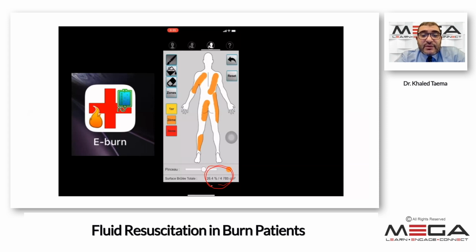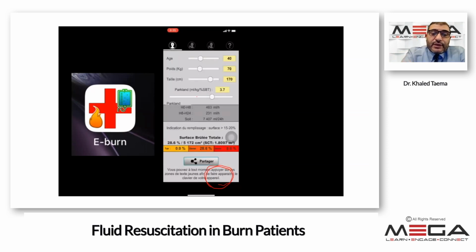And at the end, when you calculate the whole surface area, you will modify the rate of fluid you want to give from the 2 to 4 milliliter per kg. You will adjust the weight of the patient, and accordingly, the application will measure the rate of fluid administration in the first 8 hours and from 8 hours to 24 hours.